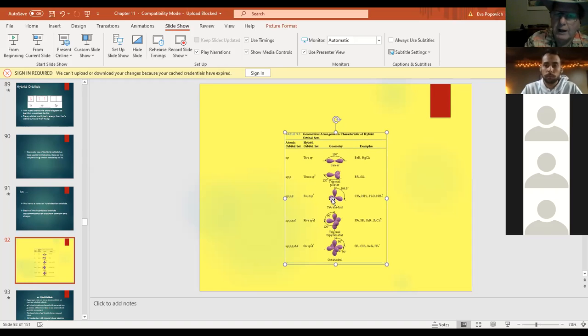I get 5 sp3d orbitals. They orient themselves in a trigonal bipyramid fashion. 6 things around the center atom, 6 electron clouds, s, p, p, p, d, d. So I have 6 sp3d2 orbitals that look like an octahedron.